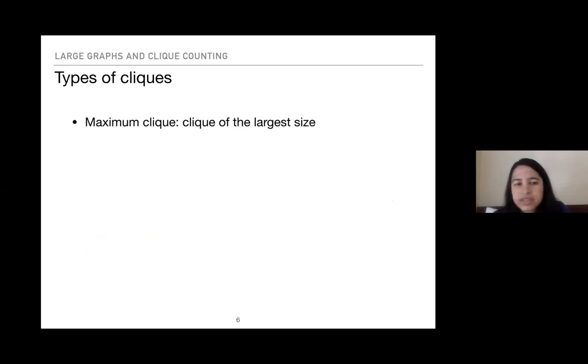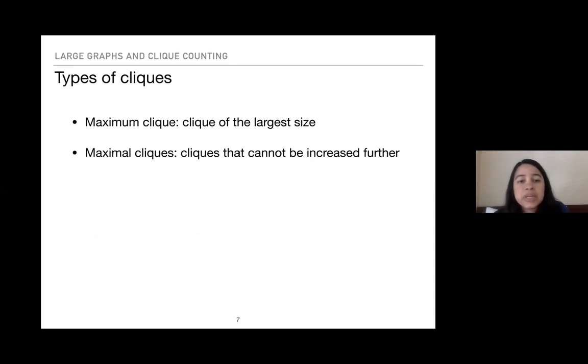So when we talk of cliques, there are multiple ways that we can talk about them. We can talk about maximum clique, which is the clique of the largest size. There are maximal cliques. These are cliques that cannot be increased further, meaning that there's no other vertex in the graph that I can add to a given clique to get a bigger clique.